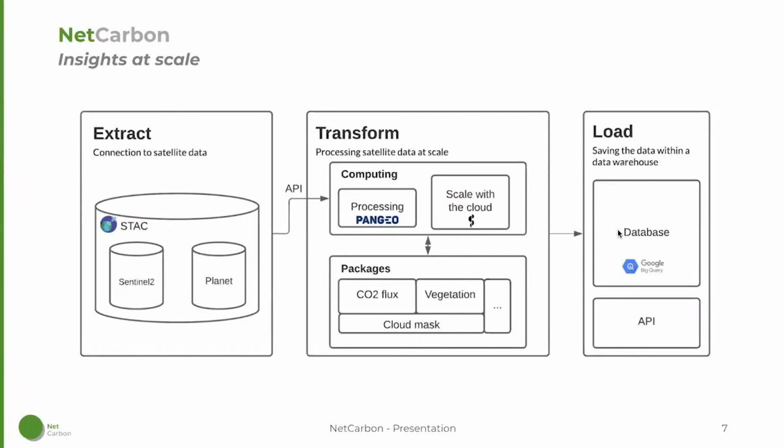And after the last step, when you have extracted the data and transformed the data, you have to be able to load, obviously, the data and to store it. You can store it directly in a database like Postgres, or you can store it in BigQuery, or there are even a lot more possibilities. But at the end, the idea is to be able to store it and to build some API based on this data, for example.